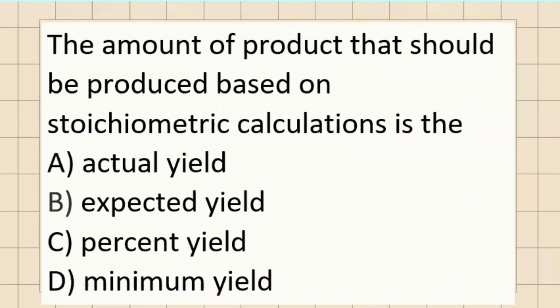Expected yield is stoichiometric, calculated from a balanced chemical equation, or it is known as the theoretical yield, or it is also called the maximum amount of the product.